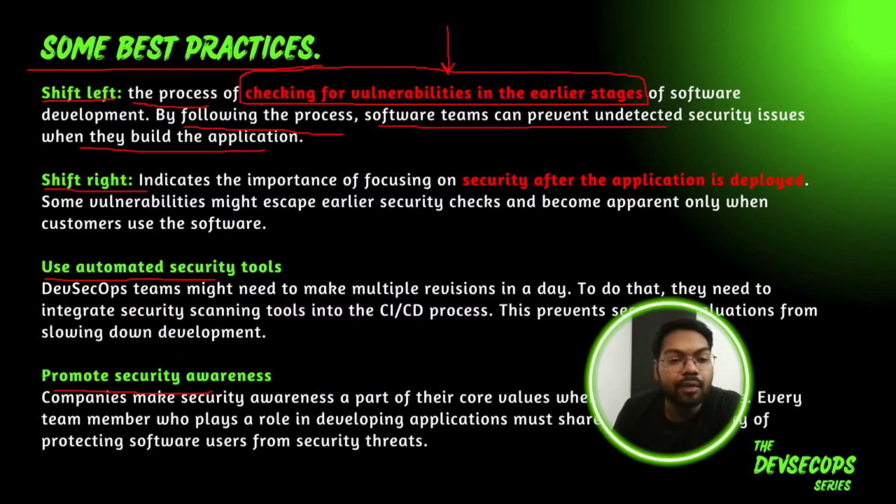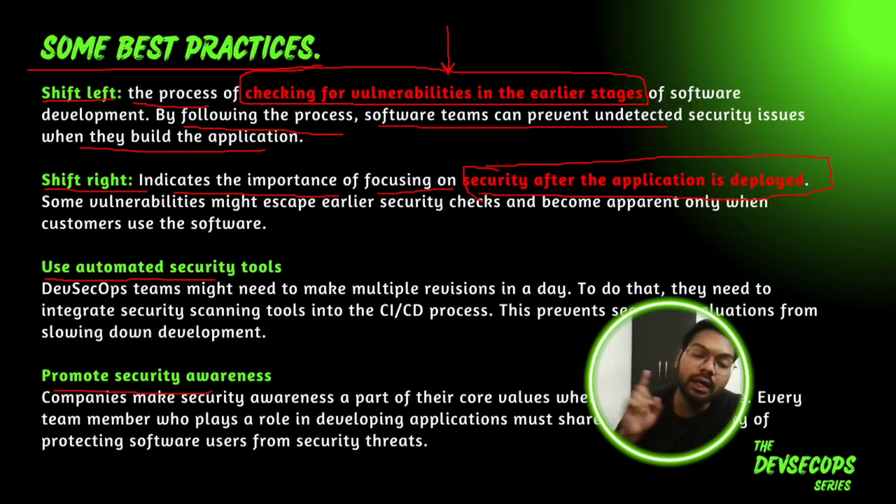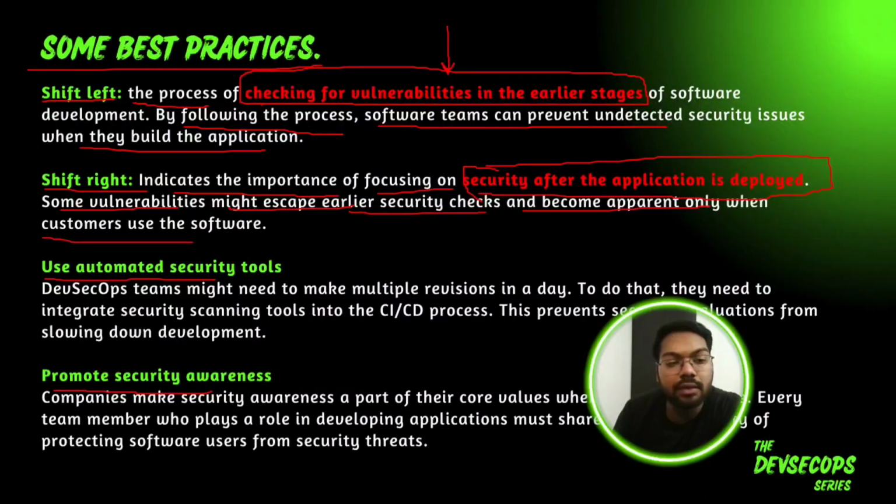And what is shift right? Shift right indicates the importance of focusing on security after the application is deployed. So not just security while we are building or before the application is deployed, but also security threats or vulnerabilities that are there after the application is deployed. Some vulnerabilities might escape the earlier security checks and become apparent only when customers use the software. There are some vulnerabilities that are not a threat until now, but once the application is deployed, they become a threat.